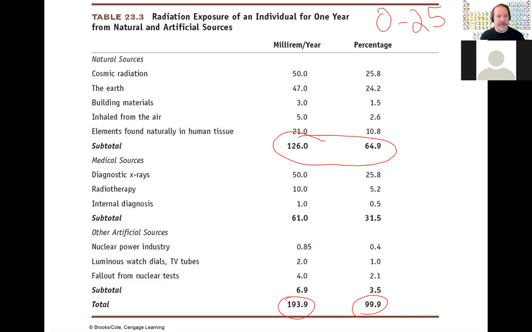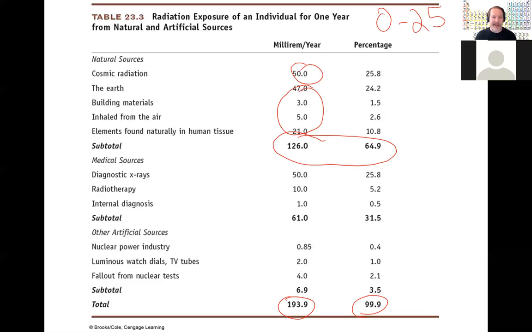Right here, the natural sources: the sun, the air, the earth. Now, this one has about 50% cosmic, and they would say about 50-50 sun, earth. I'm going to show you some other things where I flip this in favor of the earth.